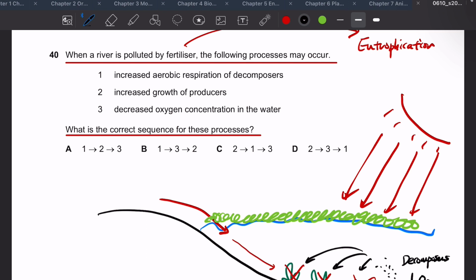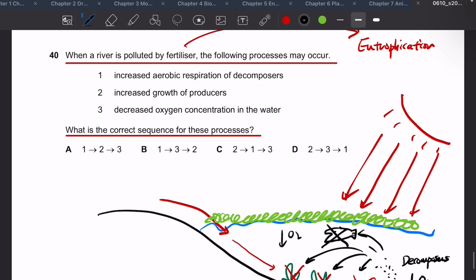So there's a decrease in oxygen level, and the fish and other organisms will die because simply there's no oxygen. And more decomposers will decompose these dead organisms, and they'll use even more oxygen, and later there's going to be no oxygen in the river or lakes.